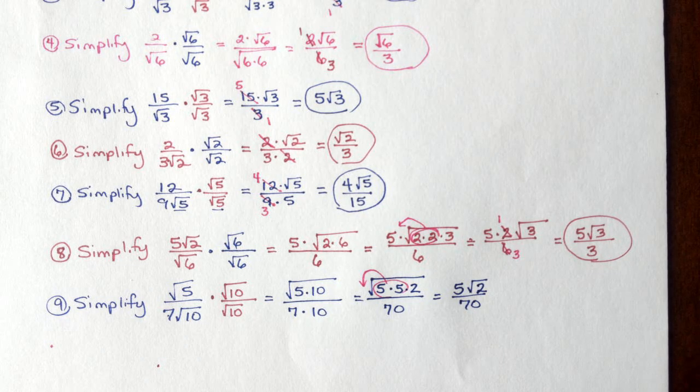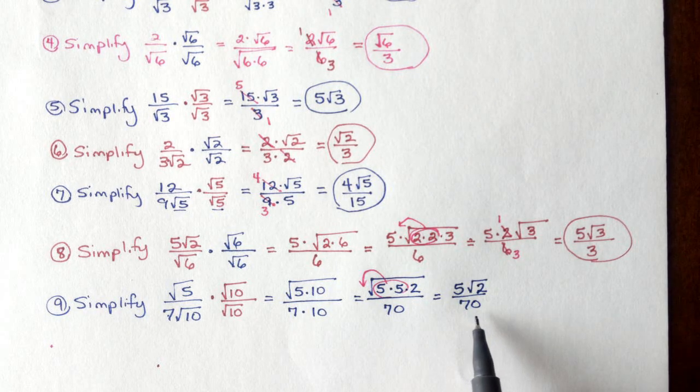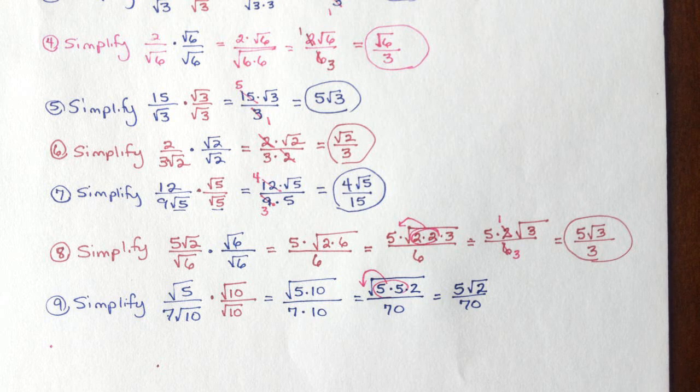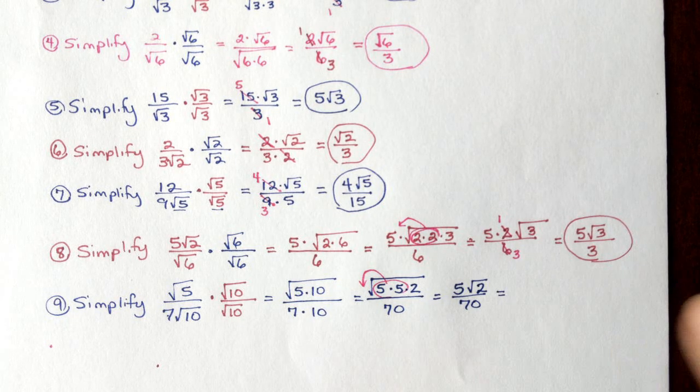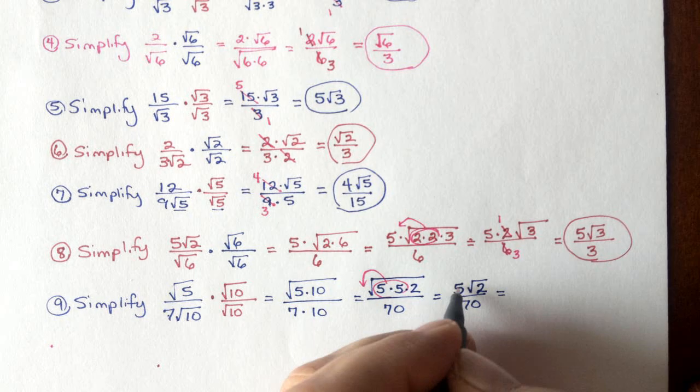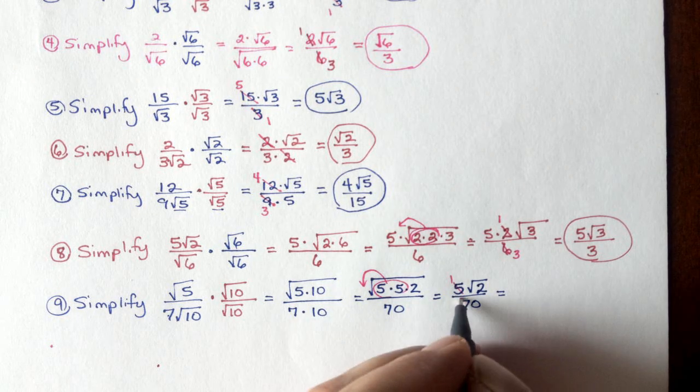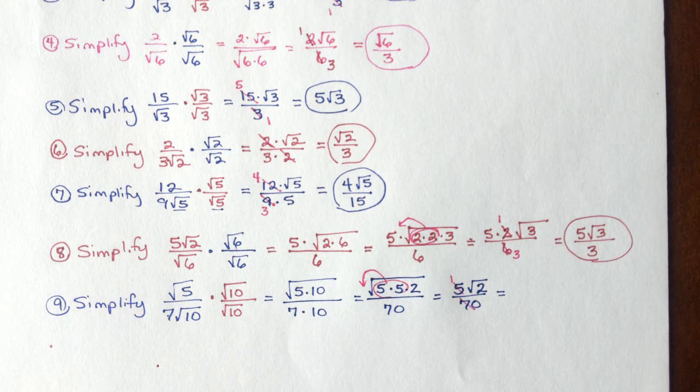5 and 70 have a common factor. They're both divisible by 5. Because 70 is divisible by 10, it must be divisible by 5 as well. So if I divide by 5, 5 divided by 5 is 1. 70 divided by 5, you might need a calculator for that one. So dig out your calculator, do 70 divided by 5.